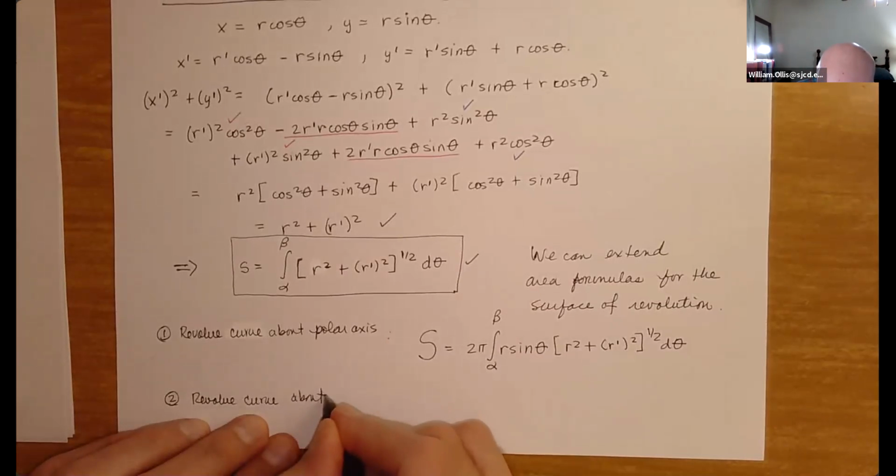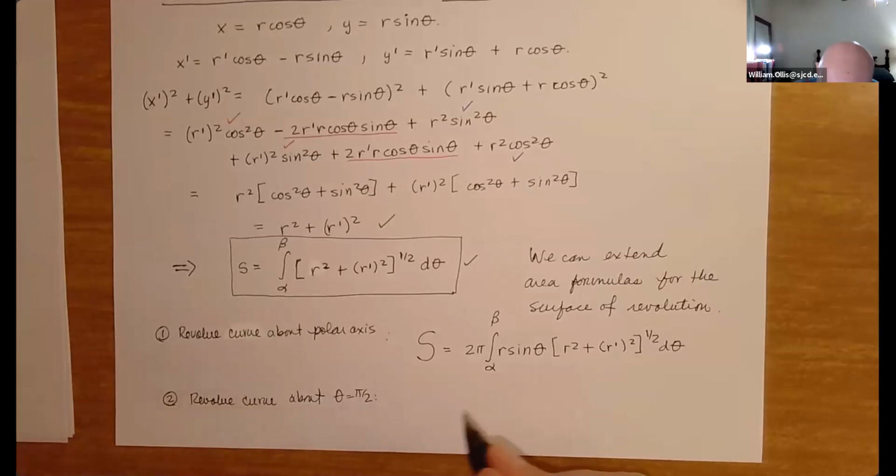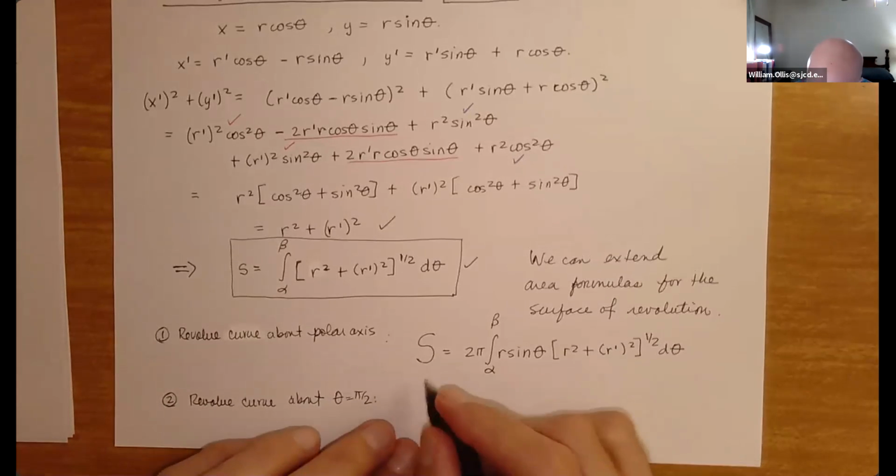And then revolve curve about theta equal pi over 2. The y-axis, so to speak, or theta equal 3 pi over 2, your choice, or theta equal 5 pi over 2. Of course, we have infinitely many, right?